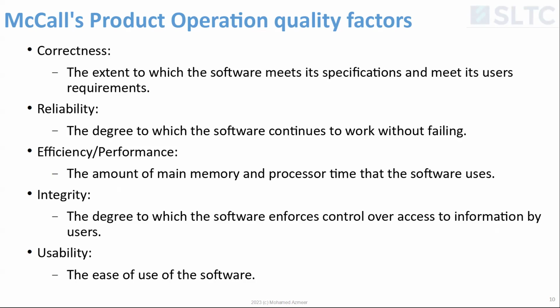All right. And then number 2, reliability. What does that mean? The degree to which the software continues to work without failing. There is also something called MTBF, mean time before failure. You can see that in electronic gadgets. Let's say, if you take your phone, for example, there's an MTBF. If you take, let's say, an electronic mouse, it has an MTBF.